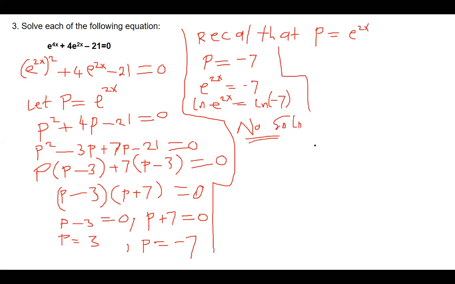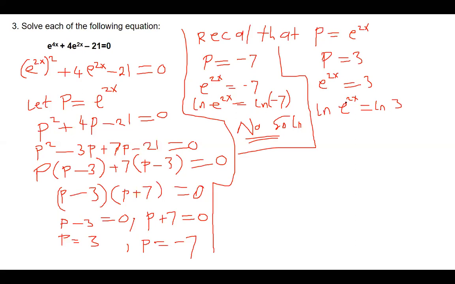So we move on to the next part where we have p being equal to 3. So where there is p, we put e to the power 2x is equal to 3. We introduce the ln on both sides, and then we have ln of e to the power 2x is equal to ln 3.